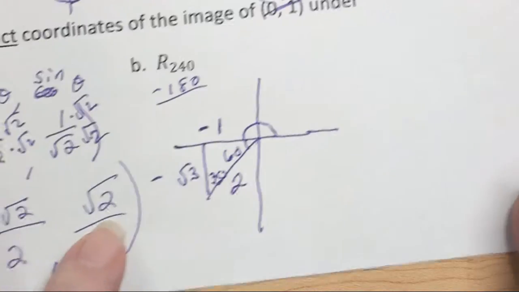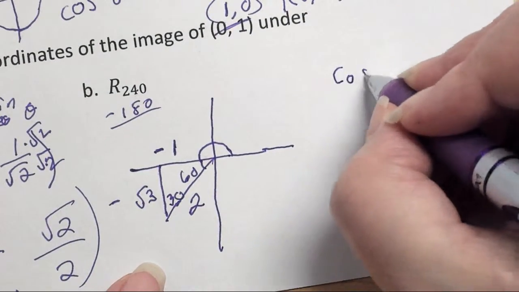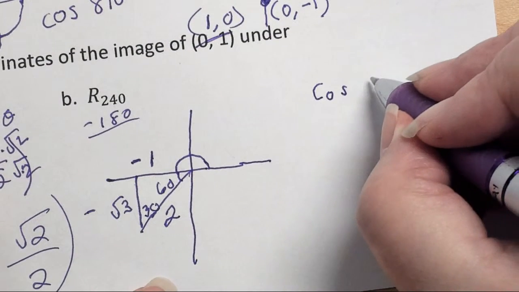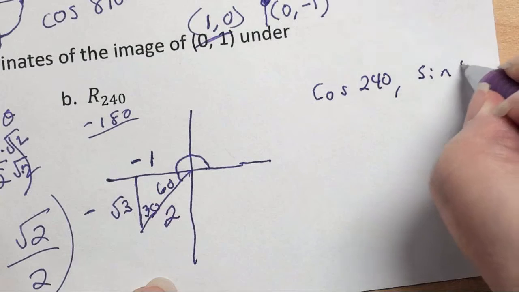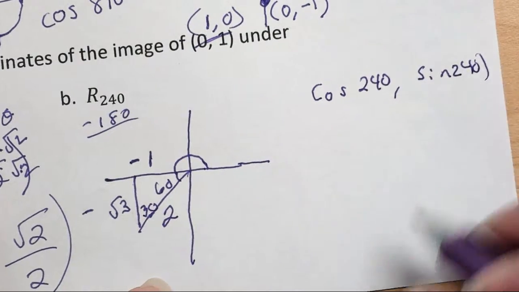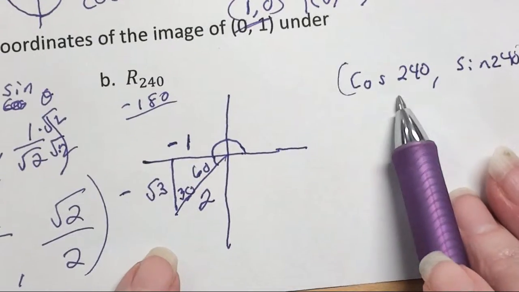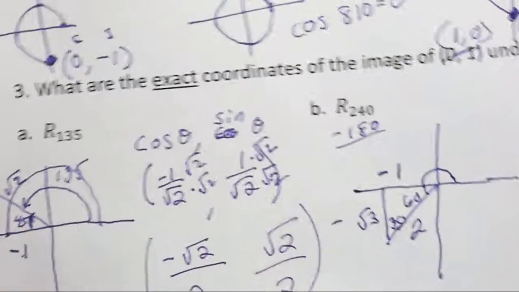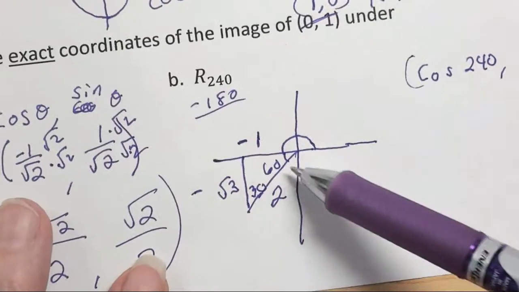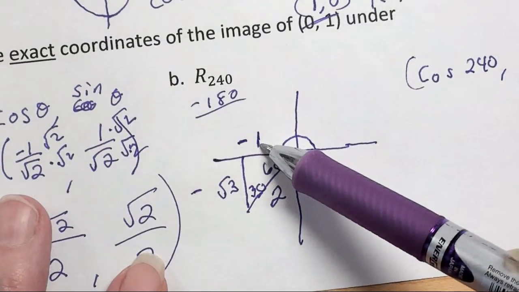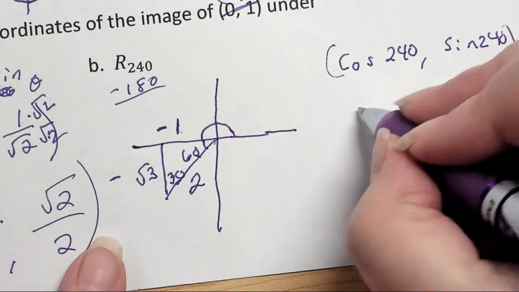Alright, so now remember we're finding the cosine of 240 and the sine of 240. Our cosine is adjacent over hypotenuse, so we have negative 1 over 2.